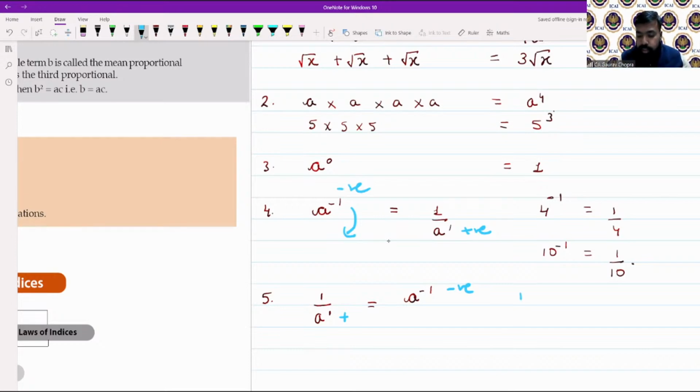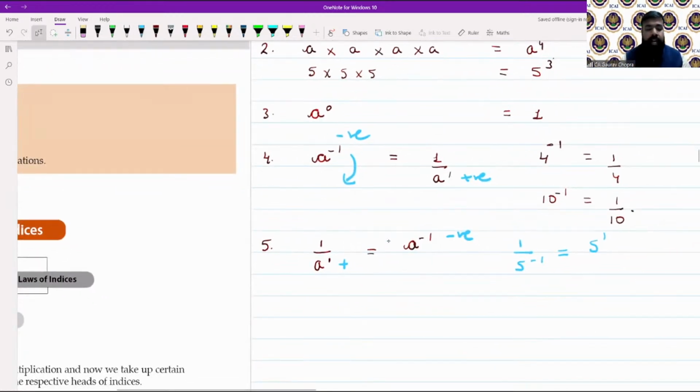Now let's say if the number is 1 upon 5 and power is minus 1, then what we can write? 5 to the power of minus 1 will become plus 1. So 5 to the power of 1, which is equal to 5. So we can write this in the generalized form, like if it is 1 upon a to the power of minus n, then it can be written as a to the power of n.